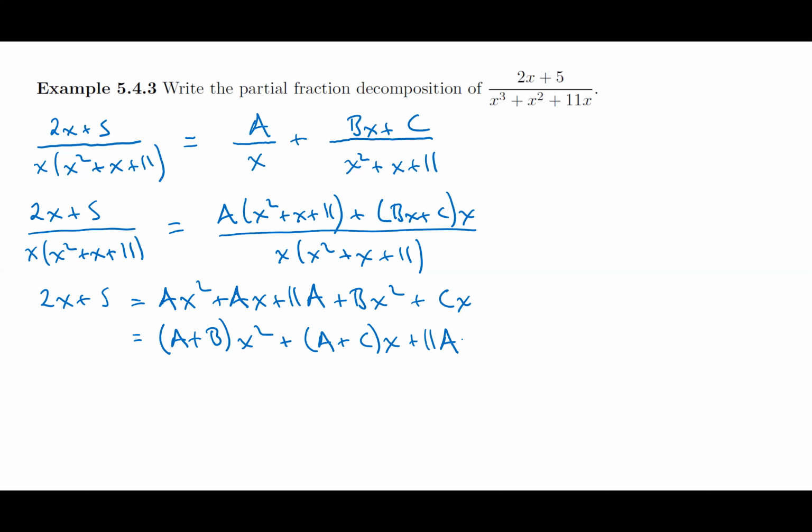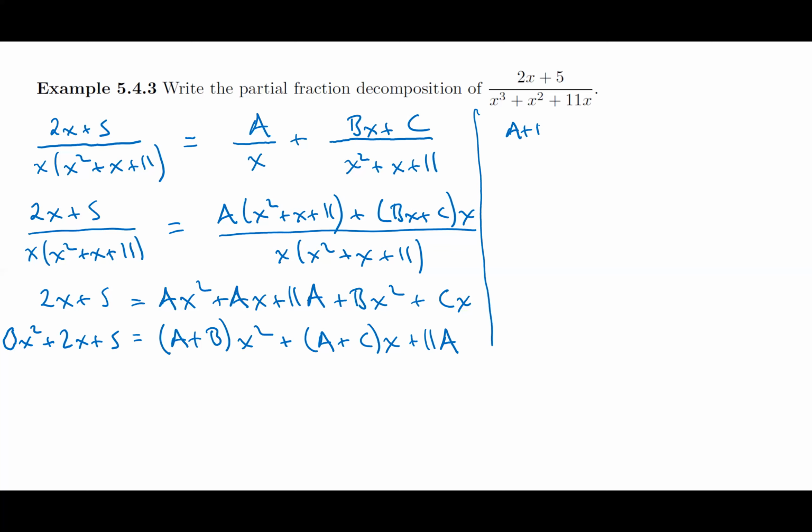Now I want you to notice, you might be saying, hey, wait a second, there's 3 terms on the right, but 2 on the left. Well, let's think about this. True, the left doesn't have a quadratic term, so I could think of it as 0x squared. And so now I get this set of equations.